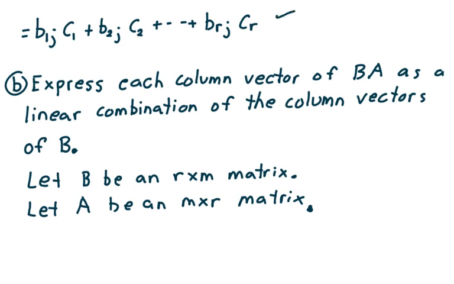Now, in part B, it says express each column vector of BA as a linear combination of the column vectors of B. And so we're going to let B be an R by M matrix and let A be an M by R matrix.